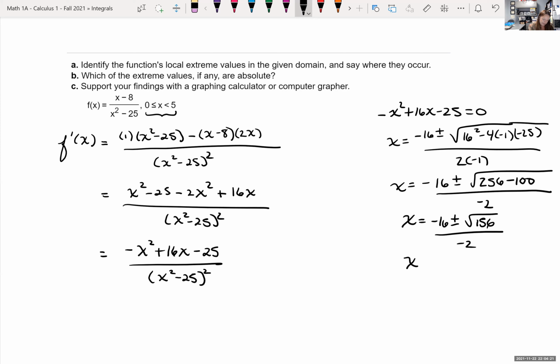So negative 16 plus my answer, divided by negative 2, gives me about 1.755, or 1.76. And then negative 16 minus the square root of 156, divided by negative 2. That's 14.24. Let me just make sure I put that in my calculator right the first time.